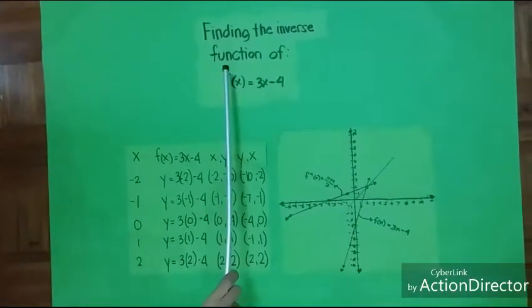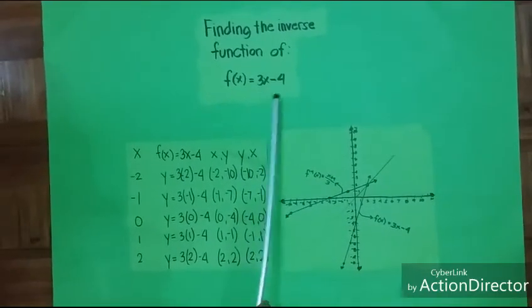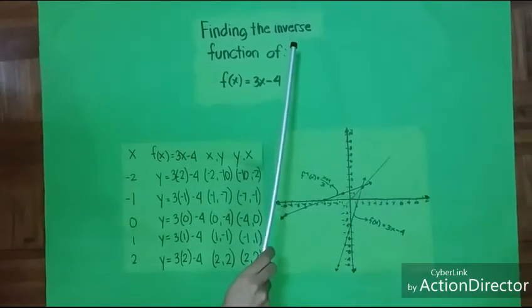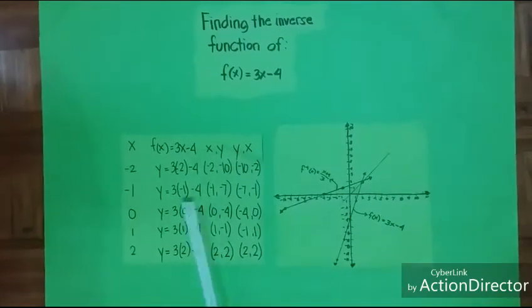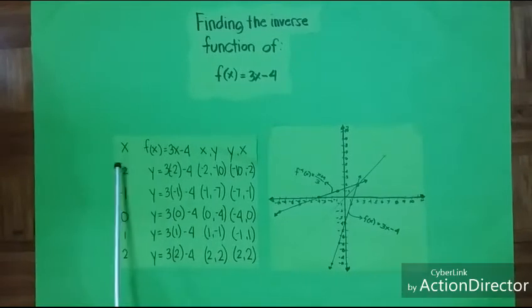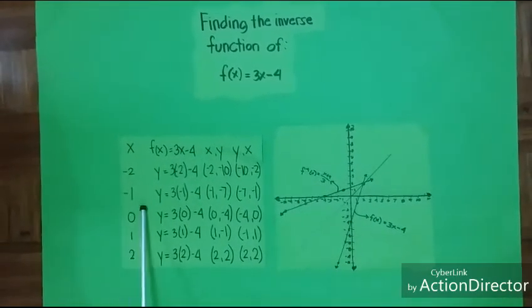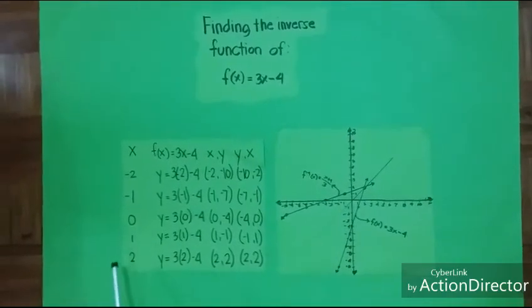Let us now graph the function f of x is equal to 3x minus 4 and its inverse (x plus 4) over 3. So let us make use of the table of values. As you can see, we have the x values, which are negative 2, negative 1, 0, 1, and 2.